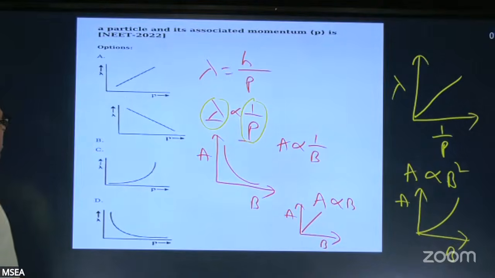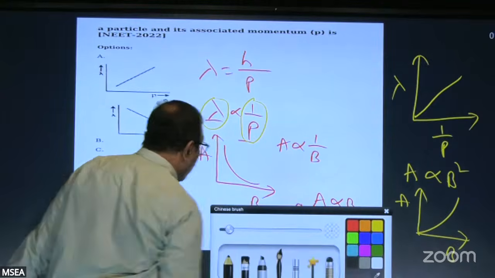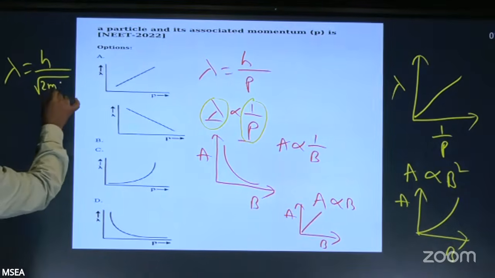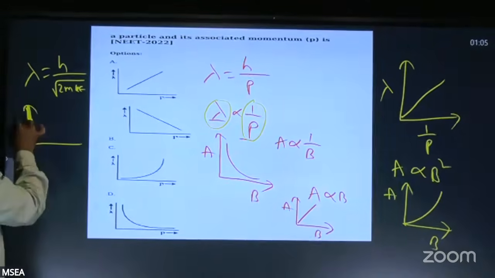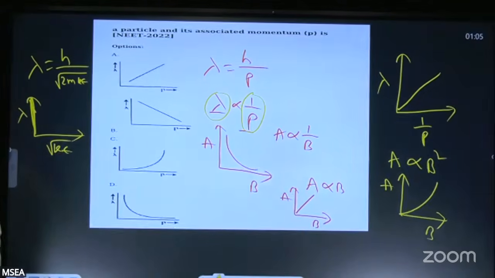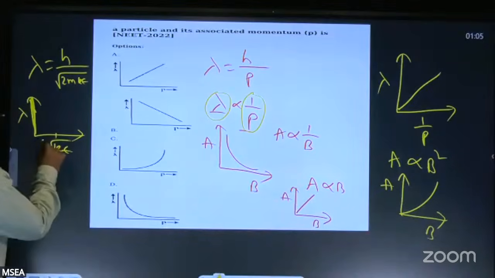And one question was asked previously, or you may get this type of thing also: lambda equals h by root of 2mKE, the de Broglie wavelength. If I ask about lambda and root of KE, what type of graph do you get? Lambda and 1 by root of KE first.